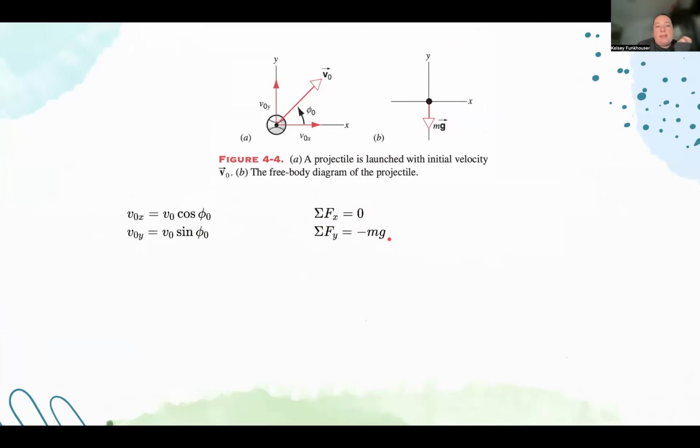And from this, we can get the components of acceleration also. So x acceleration, unsurprisingly, since there's no force in the x direction, is 0. And y acceleration is negative g. And so just acceleration due to gravity pointing straight down.